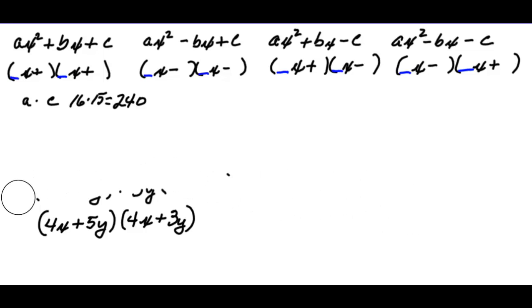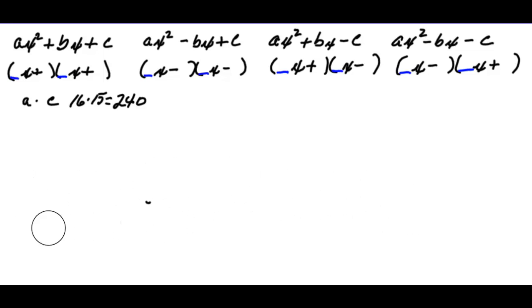For our next one, and I think what I'm going to do is we'll keep that AC there. A times C. Let's look at problem number 98. That's on page 263.